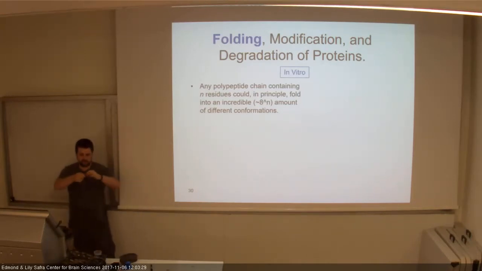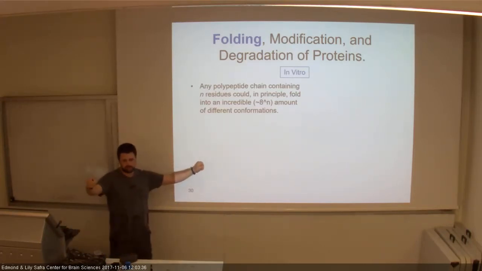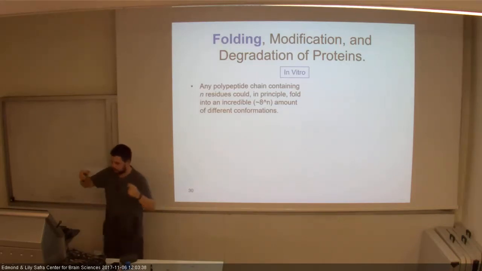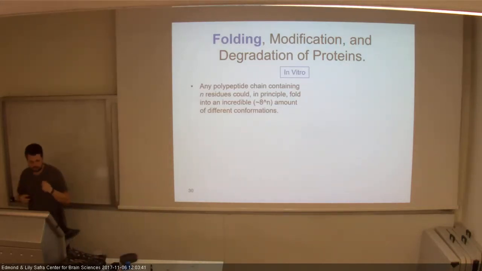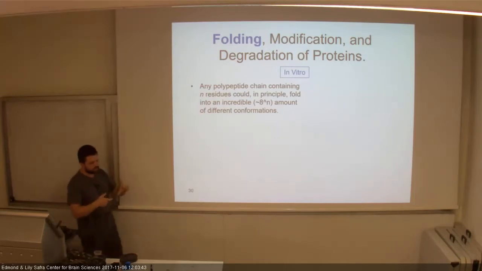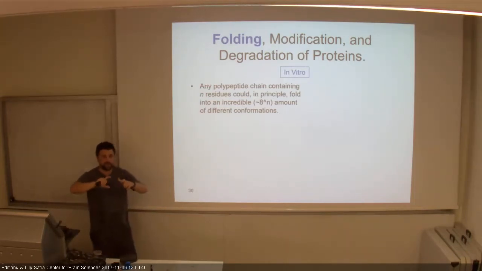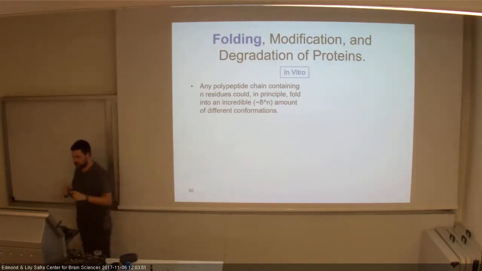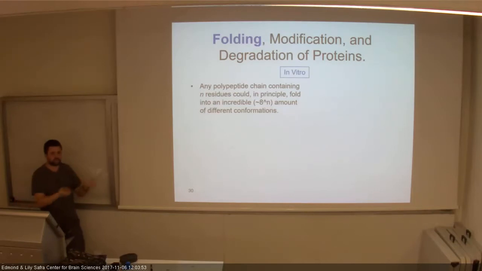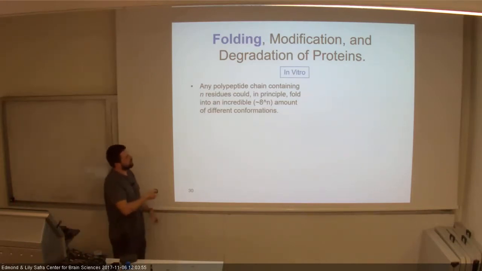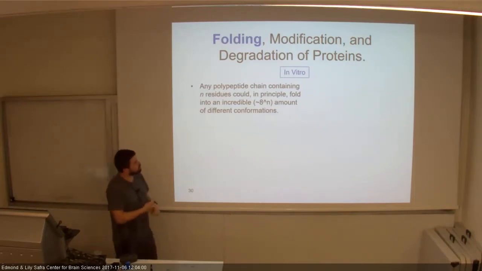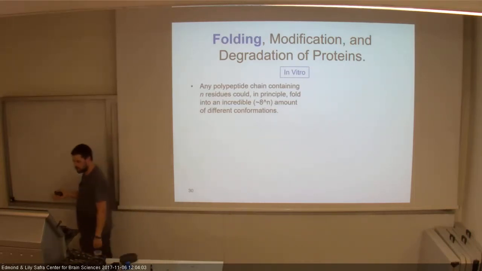If you imagine this long polypeptide chain, like I told you before, the primary structure, then because I also told you in the previous class that the phi and psi angles each have more or less four possible conformations, in general there are about 8 conformations of phi and psi that the protein can fold into, and because there are n residues, it's about 8 to the power of n.